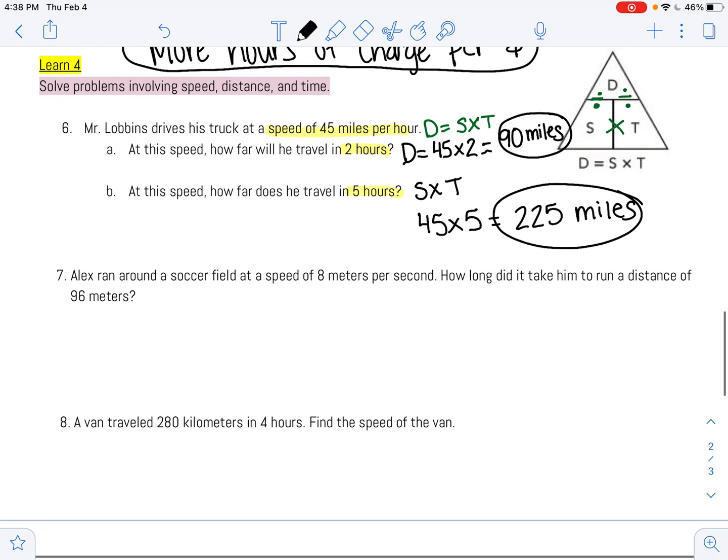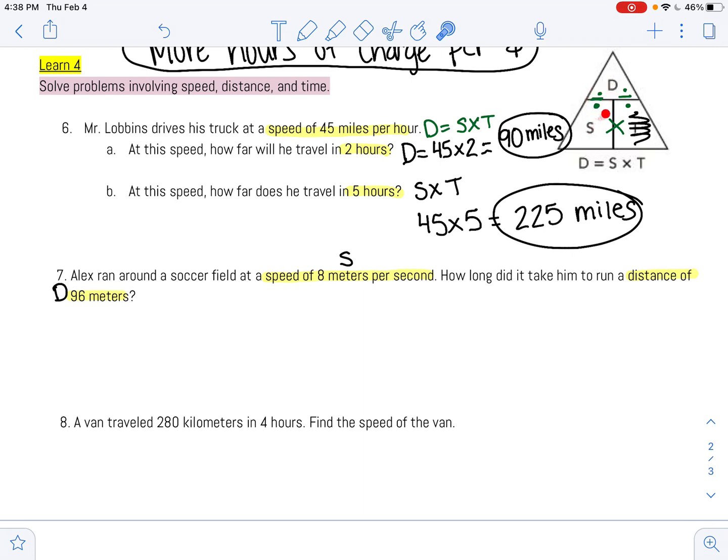Looking at the next one, Alex ran around a soccer field at a speed of 8 meters per second. How long did it take him to run a distance of 96 meters? So this time we have our speed and we have our distance. I'm solving for my time. If I don't know that, let's say I'm crossing that out, I'm left with my distance and my speed.